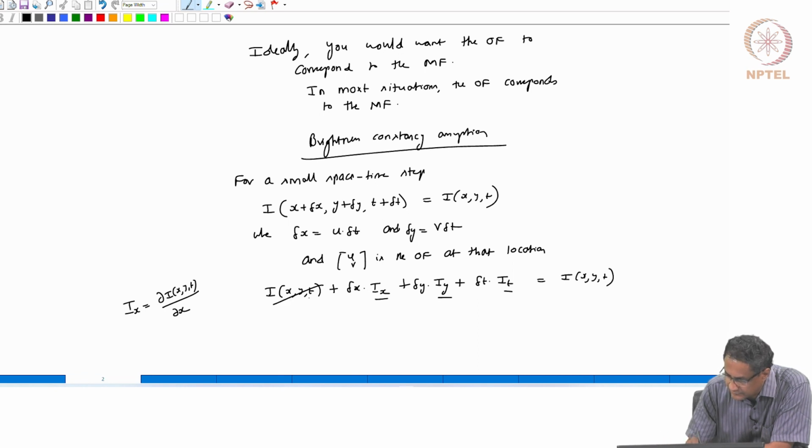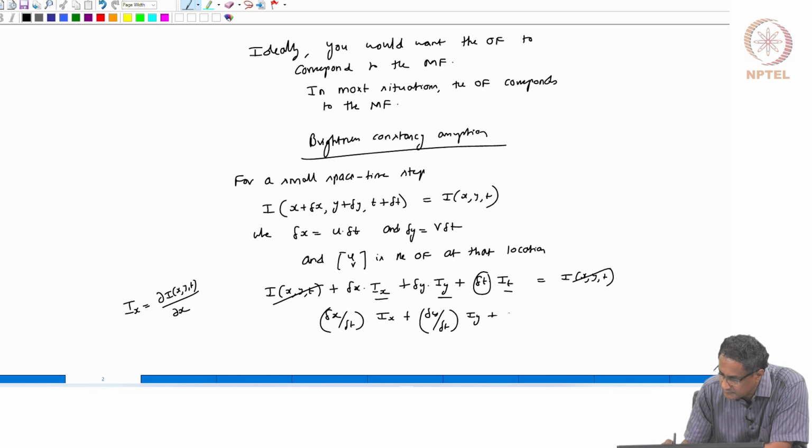So this I of x, y, comma t we can remove from both sides, and if we now divide by delta t, what we get is delta x divided by delta t Ix plus delta y divided by delta t Iy plus It is equal to 0. This is what you get.